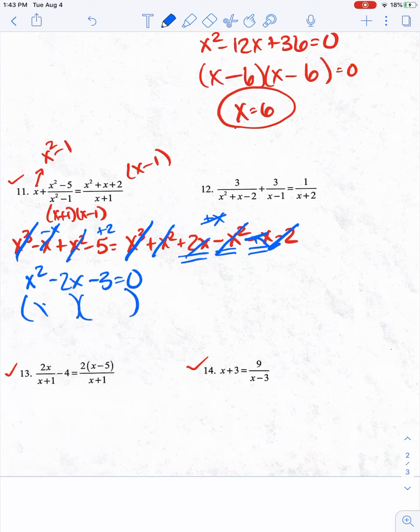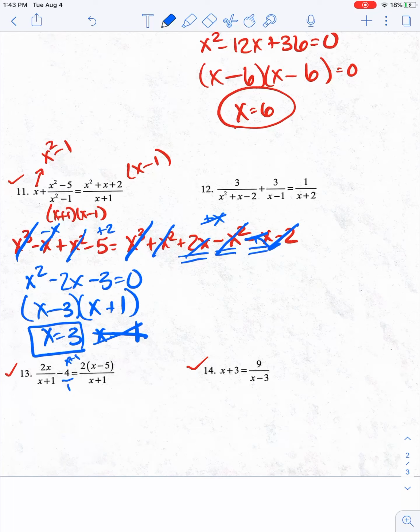It's quadratic. I'm going to try to factor it. And I cannot be a negative 1. So I keep that one, but I can't be the 3. I keep the 3, but I can't be the negative 1. So now on this one, I'm going to put the 4 over 1.